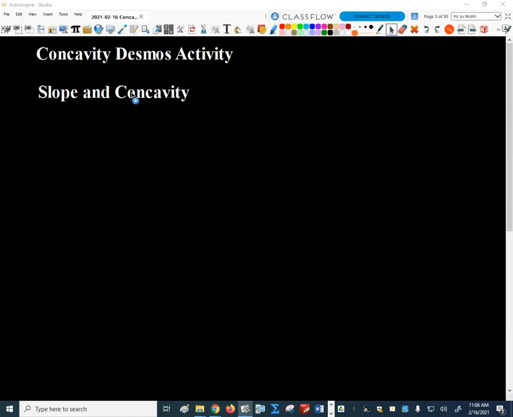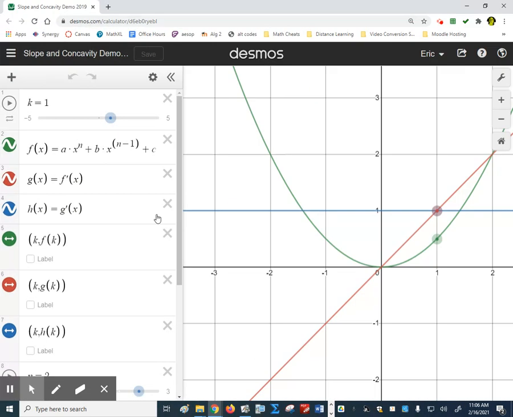Okay, here's another one. I've got to remember what this one does. This one is showing us three different curves.